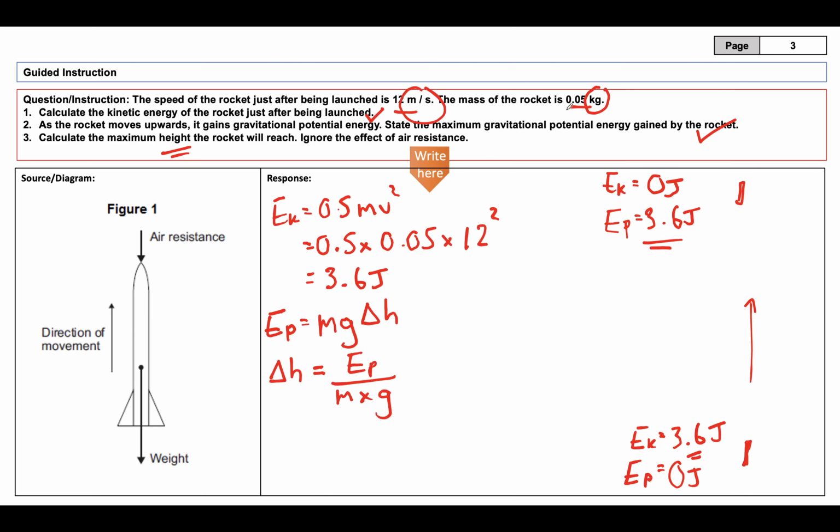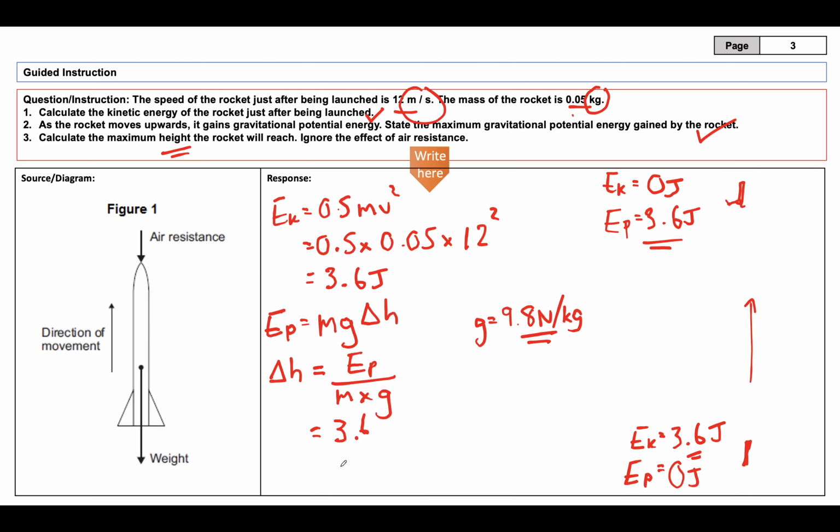We know the mass, it's given to us in the question, it's up here. Gravity, well, we're assuming that we're on Earth, so I'm going to use g is 9.8 newtons per kilogram. It's always good to remember this, but chances are they'll give it to you in the question. So I need to figure out what potential energy was. When it's at its maximum point, when it's at the top, that was 3.6 joules.